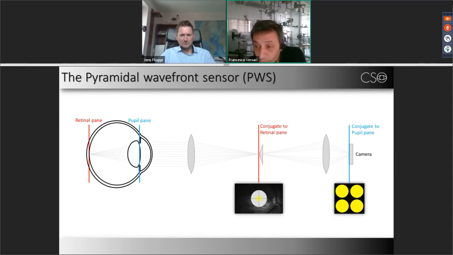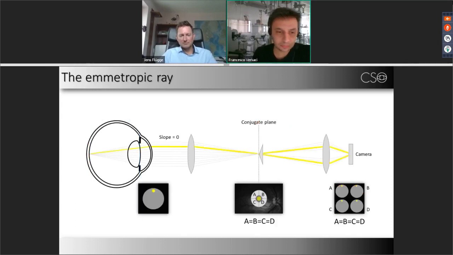I'm going to call those pupils subpupils. And what we are trying to do is to understand if we can find a way to correlate the aberration of the eye to the properties of those four subpupils.